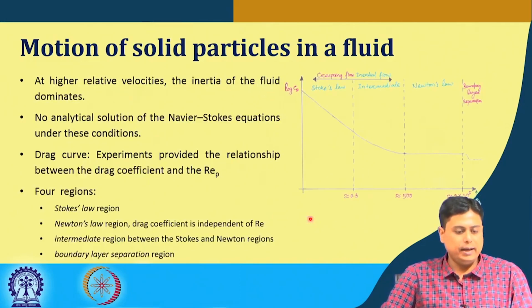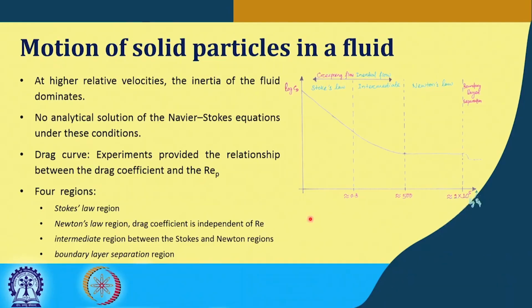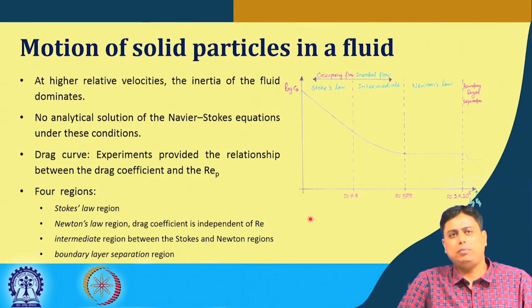So, the point is that at the higher relative velocity, the inertia of the fluid dominates, okay, because the Reynolds number has increased. So, the inertia of the fluid is now dominating, okay, and then there is no analytical solution of the Navier-Stokes equations under these conditions, because at relatively higher velocity, there is acceleration.